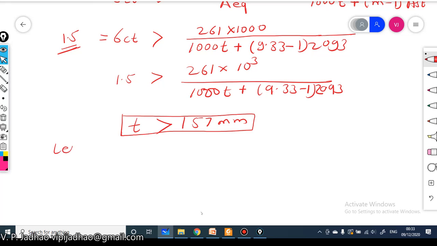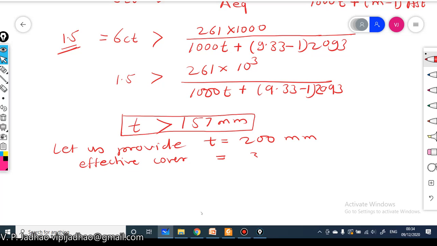Let us provide this thickness of water tank wall equal to 200 mm, and effective cover is provided as 30 mm. This effective cover should be provided as per the provisions of exposure conditions as per IS 456.